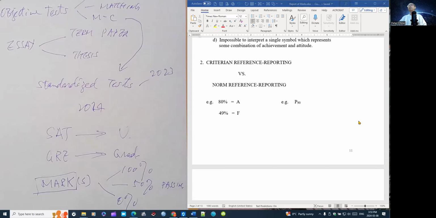Okay? Now, take a look at the percentage right on a test. It is as dependent on test characteristics as on student characteristics.